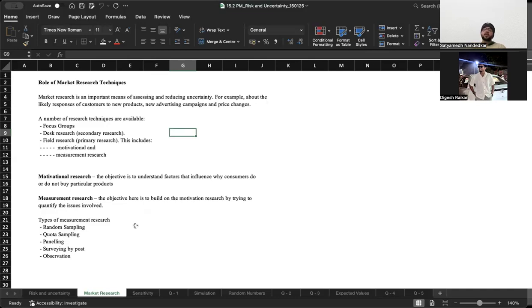On the other hand, what is measurement research? The objective of measurement research is to build on the motivation research by trying to quantify the issues involved. First, if I ask you, which course do you want to do, I am trying to find out what you want to do. Then I ask you, why do people want to do ACCA?